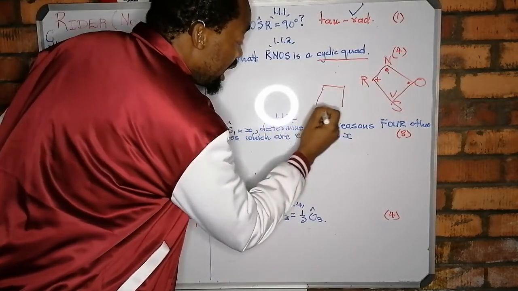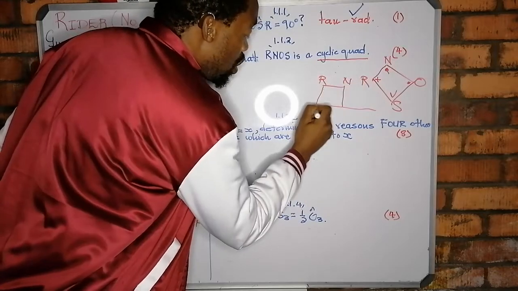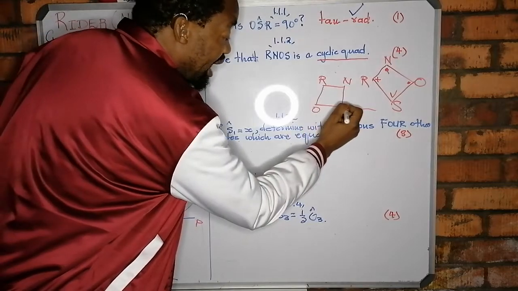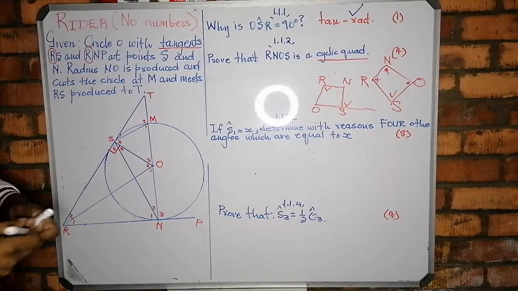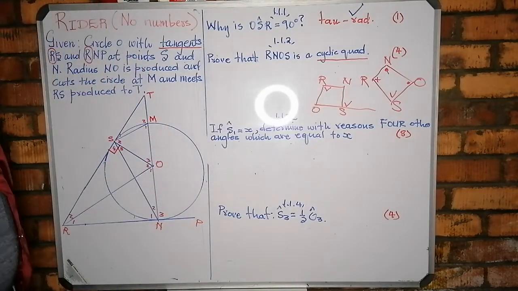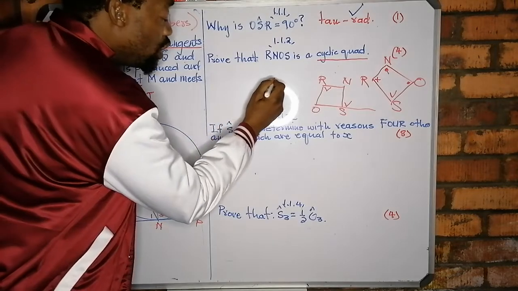Now, if you have this shape, RNOS, if you can demonstrate that this angle is exactly the same as that, then RNOS is a cyclic quad. Last one.